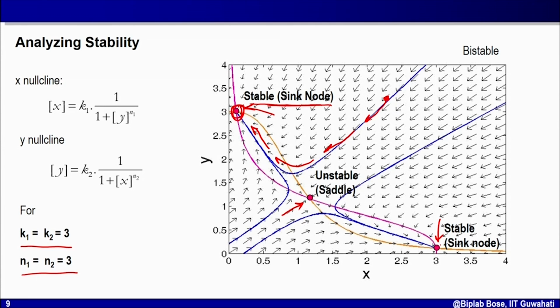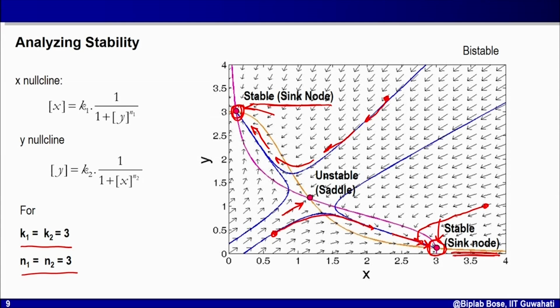The same behavior happens where I have another steady state near x equal to 3, as shown here by this red dot. If you start from anywhere, suppose here, then you will follow these and then you collapse here. If you start somewhere here, you follow these and collapse here on the steady state. So again, this steady state is a stable sink node.